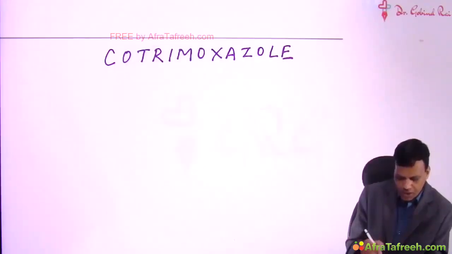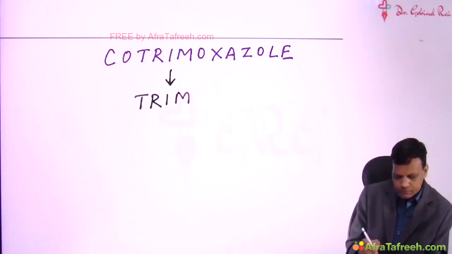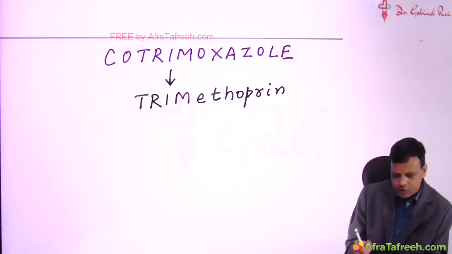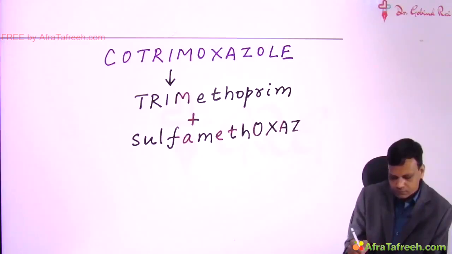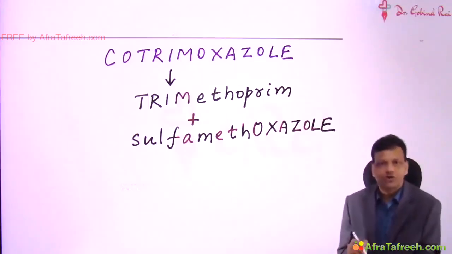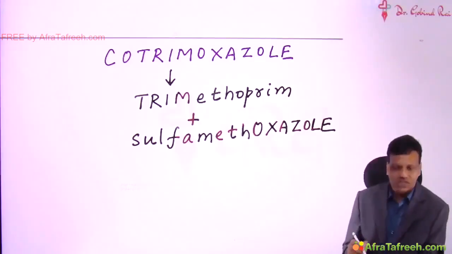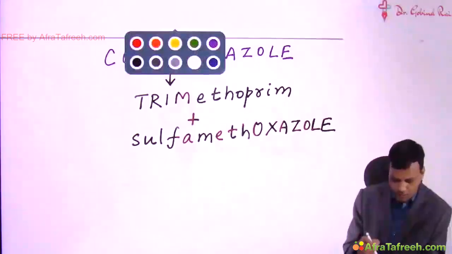Cotrimoxazole is a combination of trimethoprim with sulfamethoxazole.